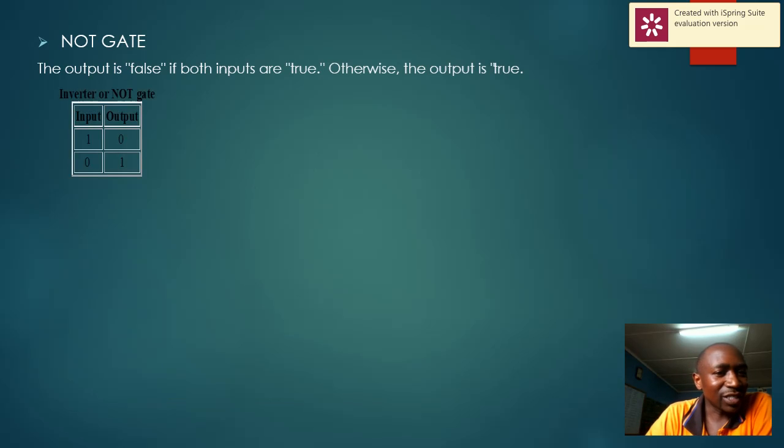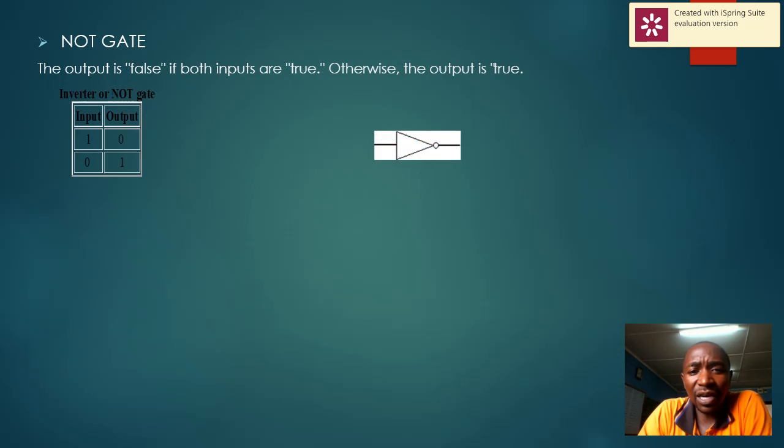If an input is true, then the output must be the opposite. Input 1, we are told, is a true input, which means the output must be false. In this case, it says 0. Second row again, the input is 0, meaning the opposite of the input must be true, which is showing there. And there we have our symbol for a NOT gate.